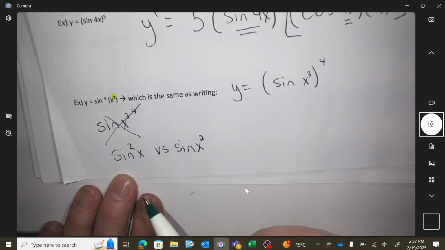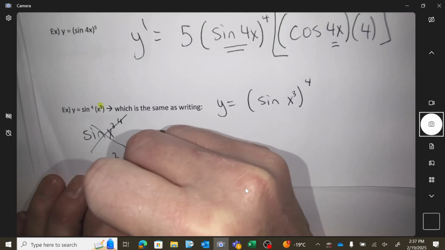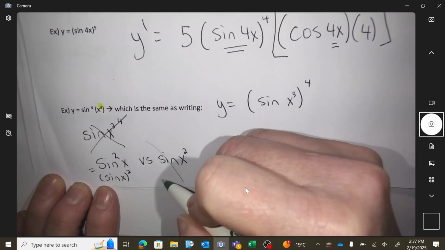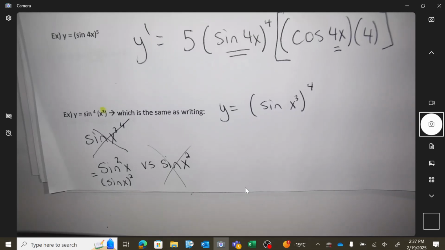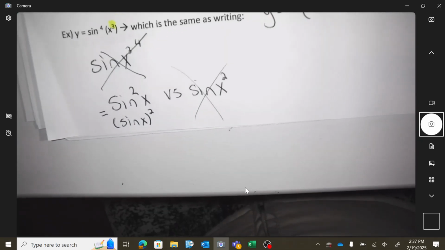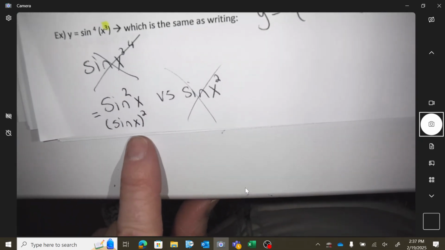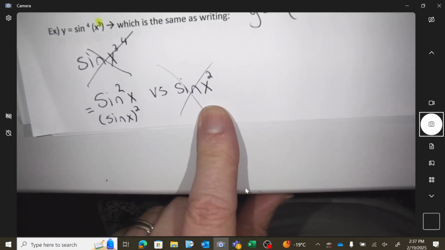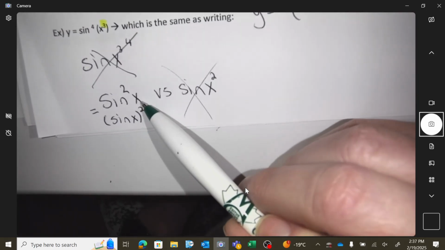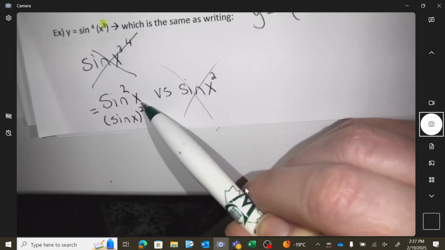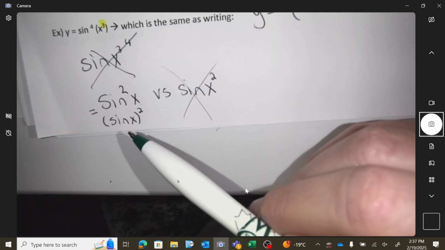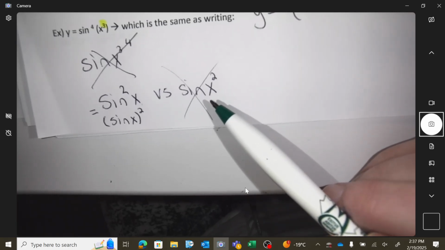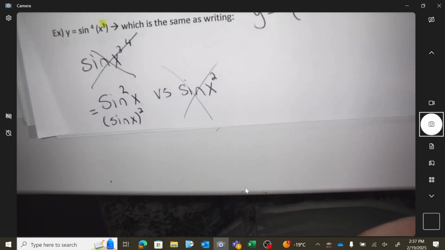Right? Do you remember that from pre-calc? This and this mean the same thing. This does not. Okay? What this means is to figure out the sine trig value and then square that trig value. What does this mean? Square the angle and then figure out the sine of that big angle. Okay?